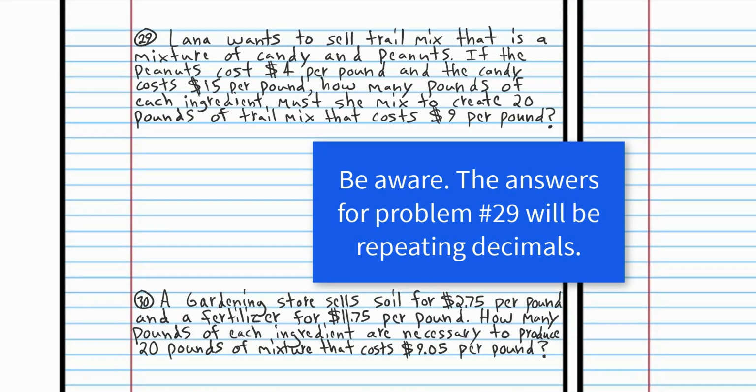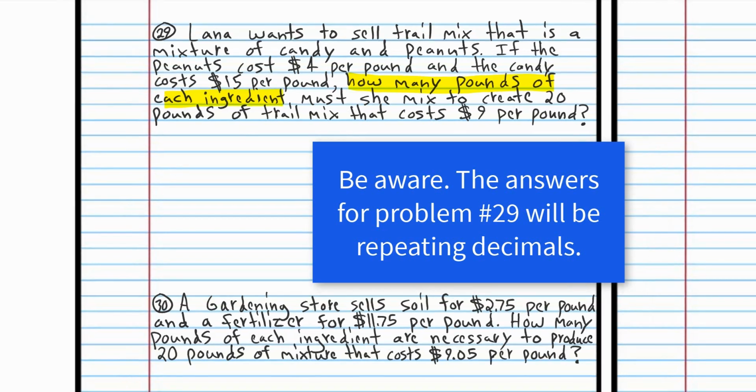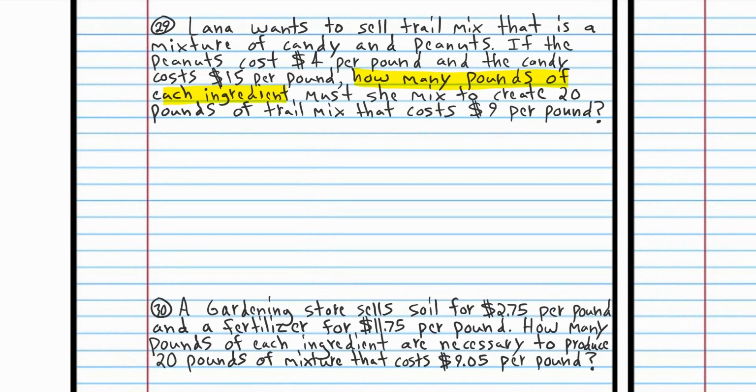All right, we're back. So first step, what are we looking for? Define our variables. How many pounds of each ingredient? What do we have? Peanuts. So P will be the number of pounds of peanuts.